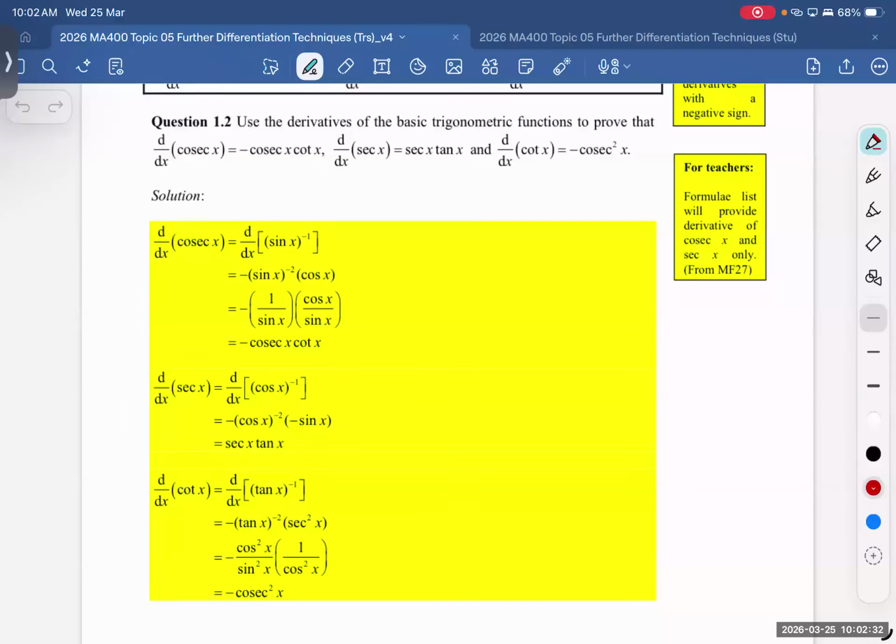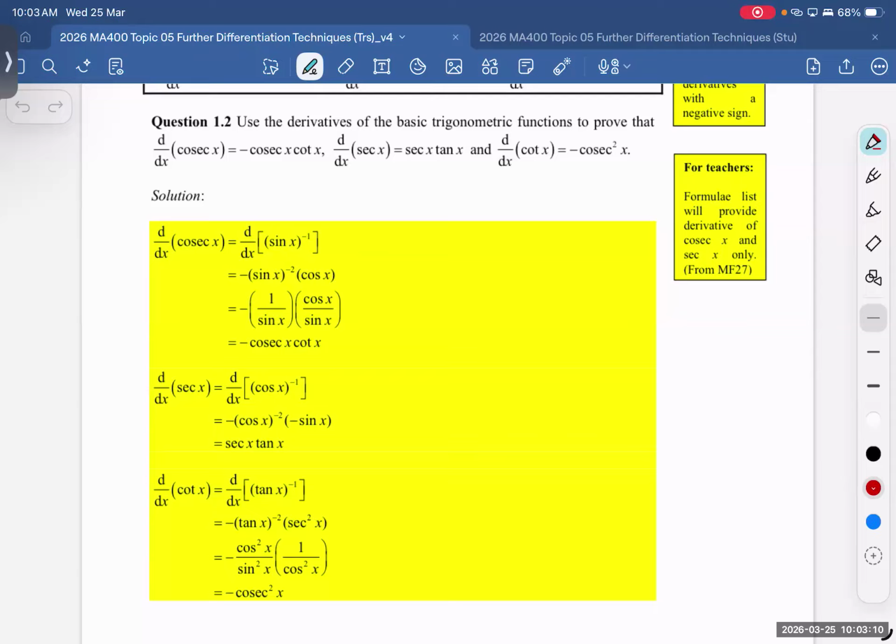Just try to memorize that. Generally, when I first use these, I actually put them on my file. Second, differentiate cosecant. Differentiate cotangent: minus cosecant square. Differentiate cosecant: minus cosecant cotangent. And secant x differentiates to secant x tangent x.